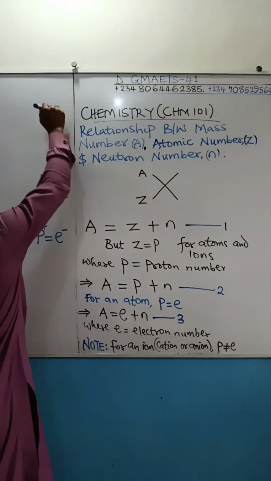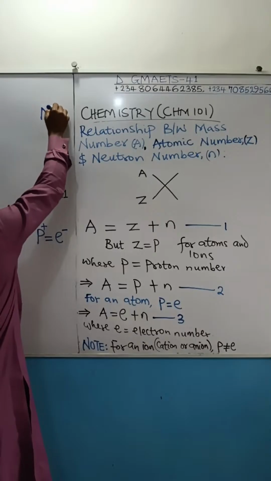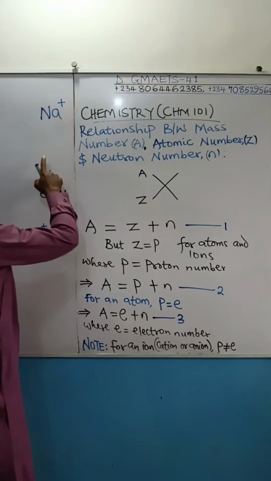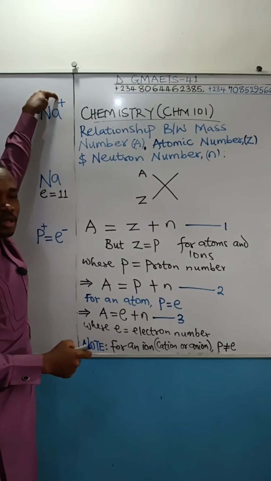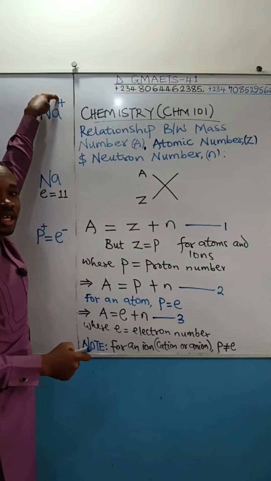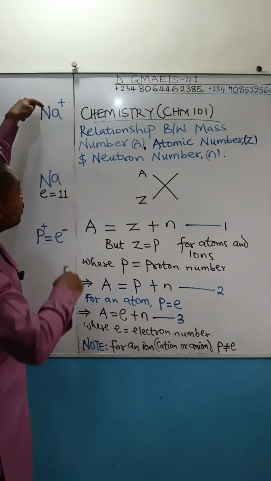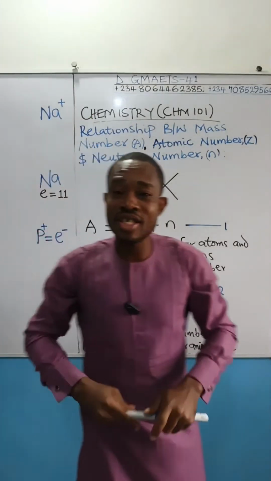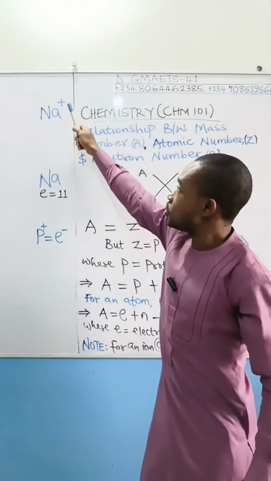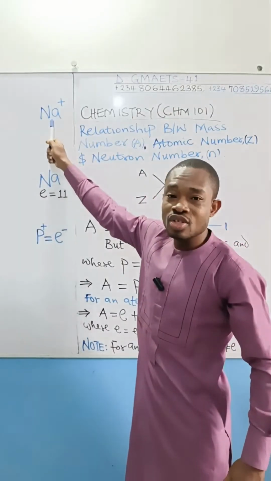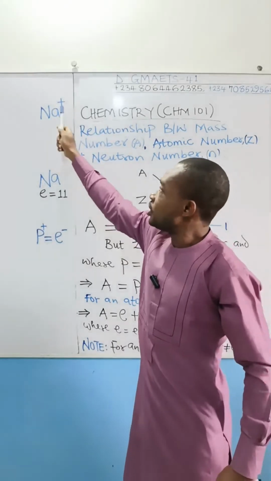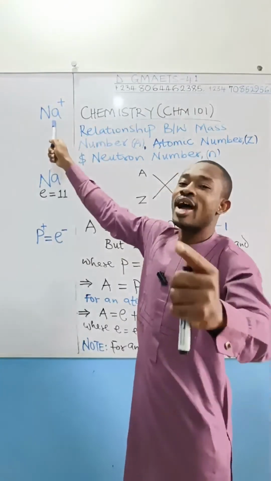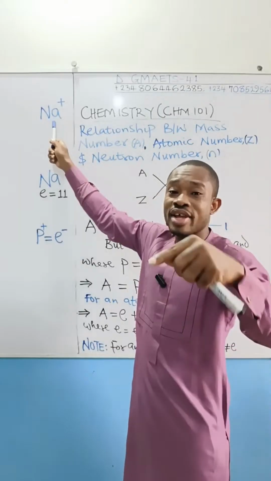But you see this one. If I write sodium like this, you can see that there is a plus on top. We call it ionic charge. This shows that this sodium is no longer a sodium atom. It's simply telling us that the atom of sodium in this case has reacted.